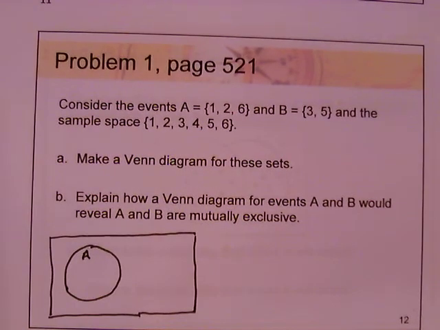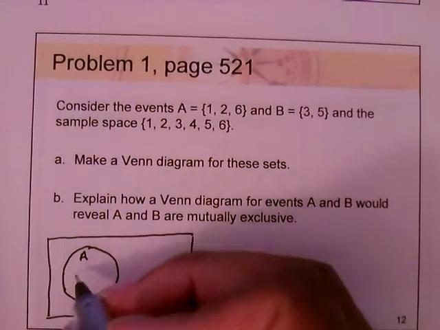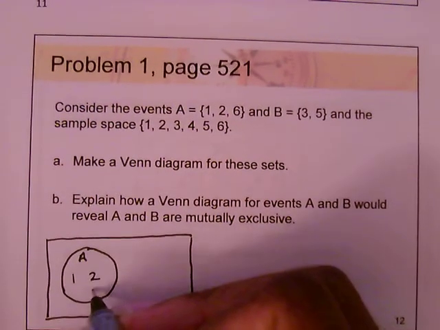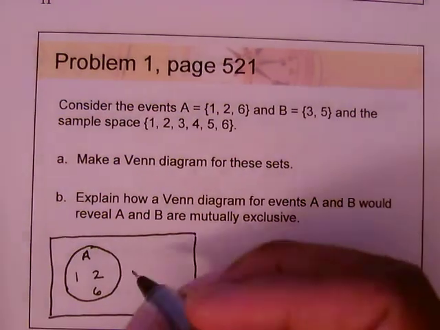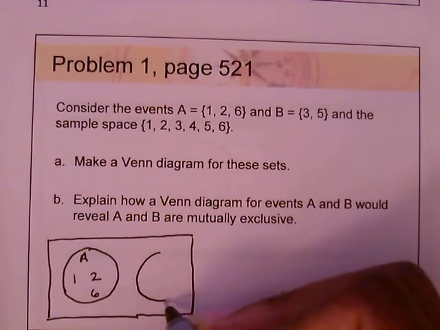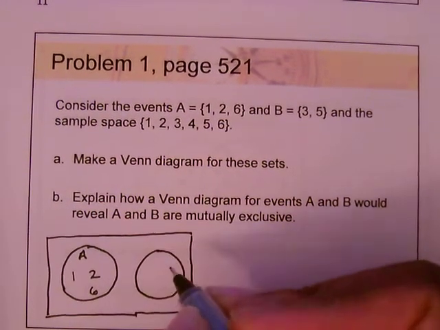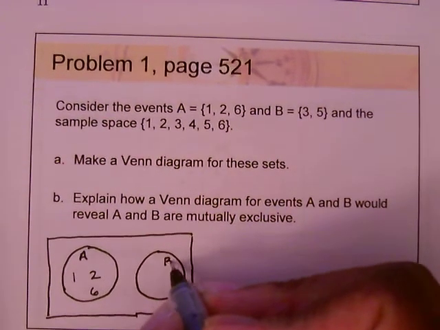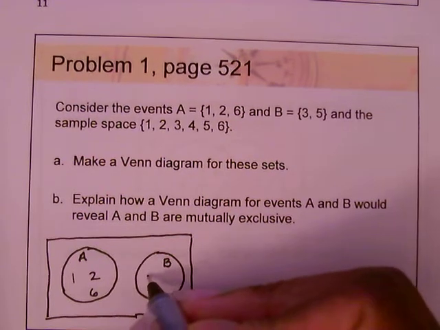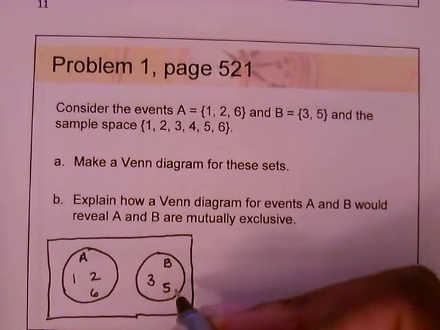Now A has the elements 1, 2, and 6, so I'm just going to put those elements in, 1, 2, and 6. Now A and B have nothing in common, as you can see there. So I'll just draw another circle that doesn't intersect, and I'll call that B. And B has the elements 3 and 5.